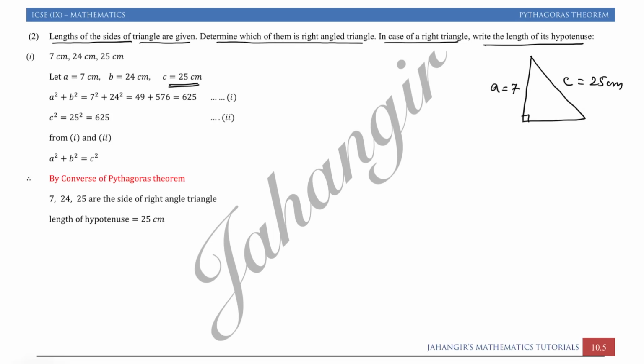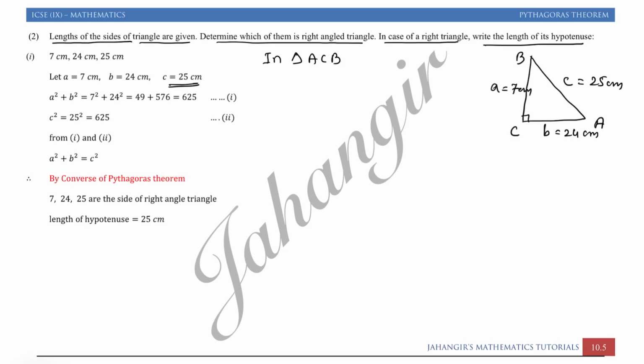A is equal to 7 centimeter and B is equal to 24 centimeter. So first we will name the triangle as BCA, because opposite to A will be A. So we will take triangle ACB or we can take ABC also.